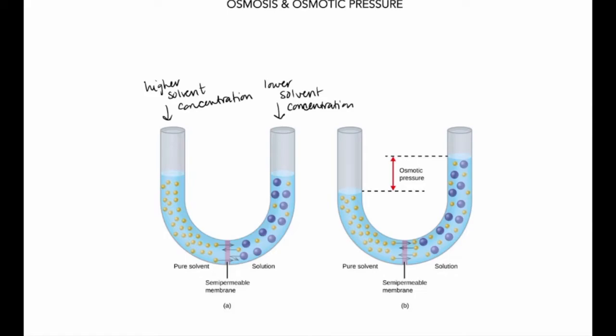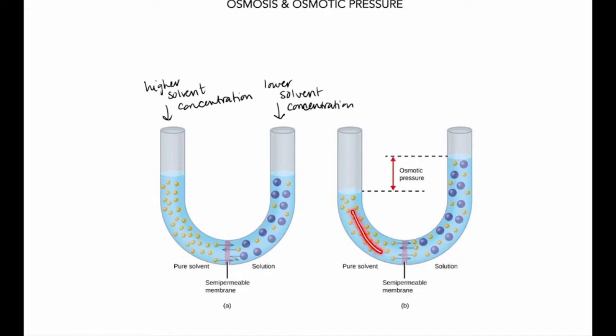It's trying to find this equilibrium where maybe the concentrations are equal, but at some point it kind of stops the flow. And what stops the flow of the pure solvent in, right? We don't get all of this rushing in. The reason that not all of these particles go across is because at some point after we've had some flow, the liquid level gets higher.